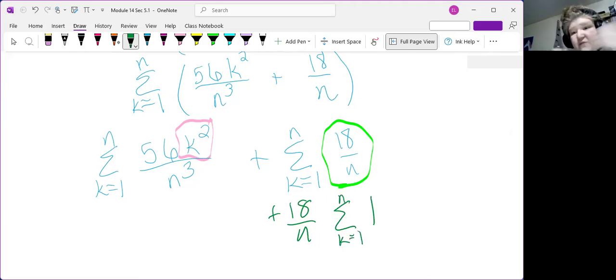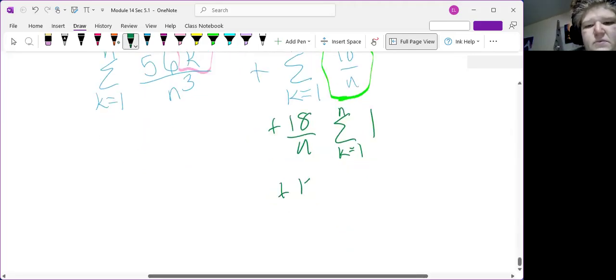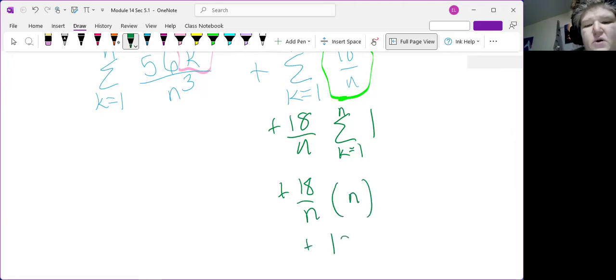We leave a 1 because we're factoring those out. Multiplication, our placeholder is a 1. So adding 1 n times is n. So this one plus 18 over n times n, we're just going to have a plus 18 hanging on at the end of our sigma, figuring it all out.